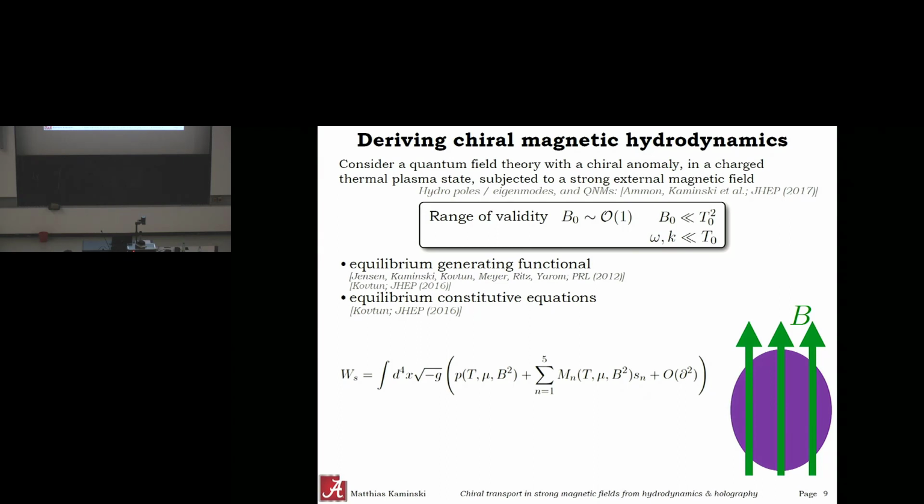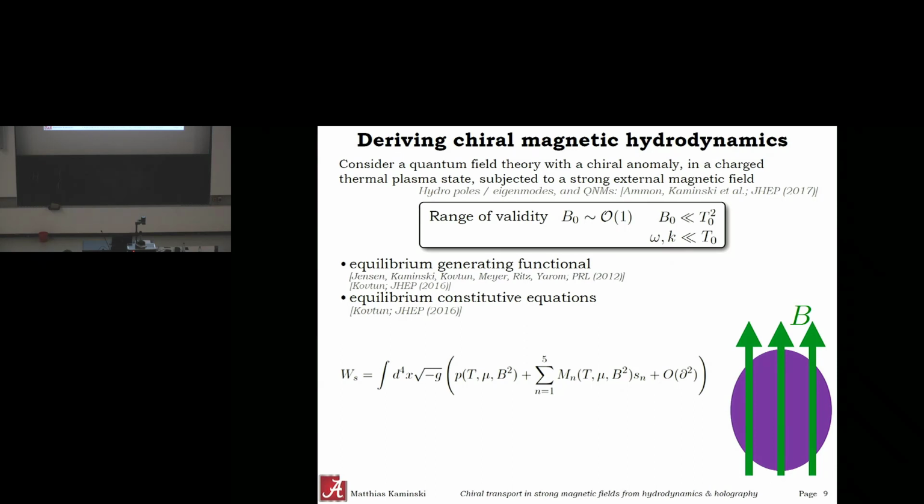So let's start with a quantum field theory with a chiral anomaly in a charged thermal plasma state subjected to a strong external magnetic field. I'll say right away that I'm interested in magnetic fields of order 1, not of order derivative, which are still much smaller than the temperature squared.